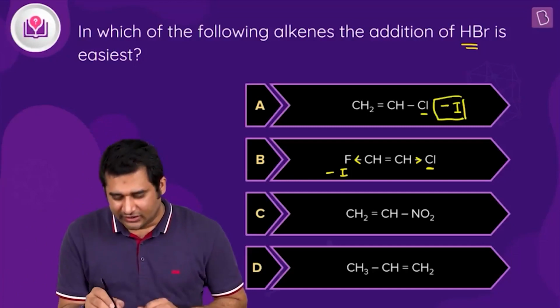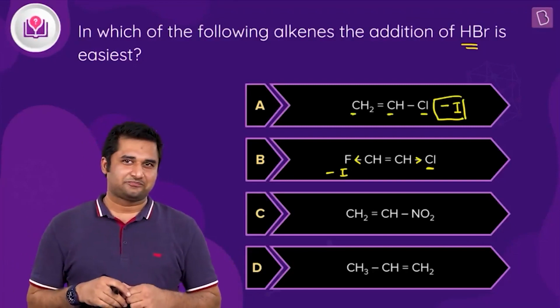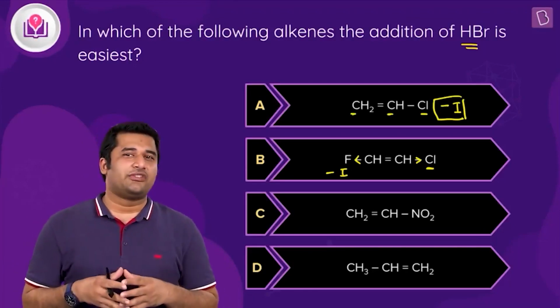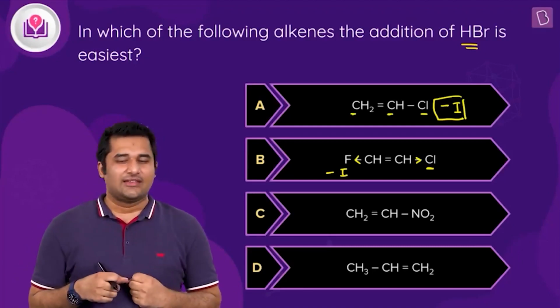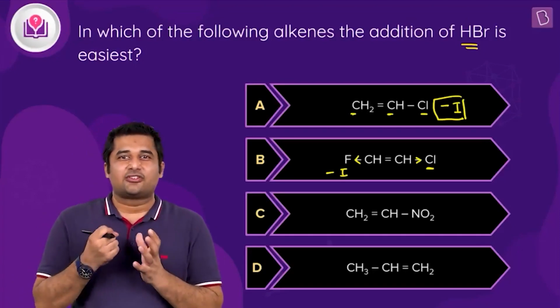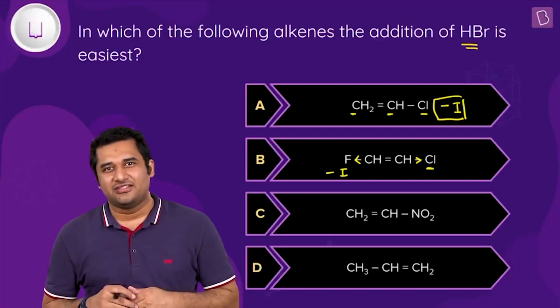Alright. But still it will lead to development of partial positive charge on the carbon, isn't it? And if the partial positive charge gets developed on the carbon, it will hold the pi electrons a little more tightly, and that is how it will be very difficult for hydrogen to take these electrons, or you can say it will be very difficult for the pi bond to break and to participate in the reaction.